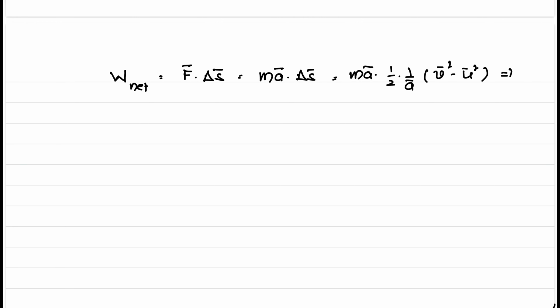That implies W net is equal to, A gets cancelled, half M delta V square.